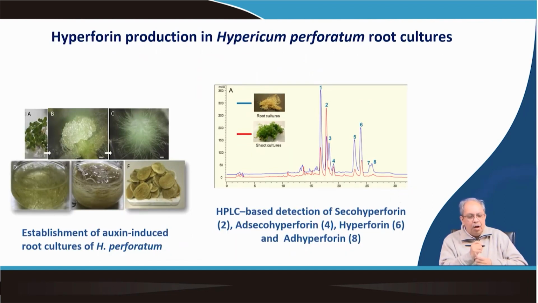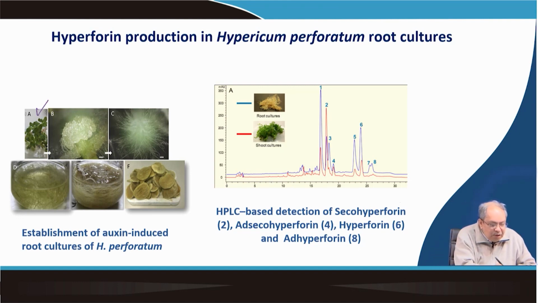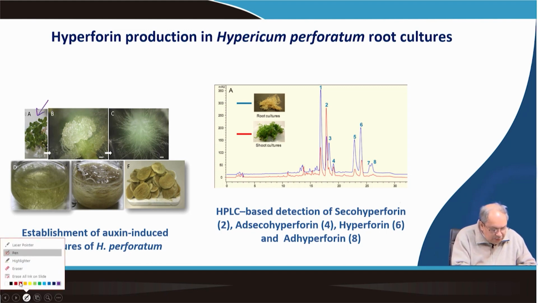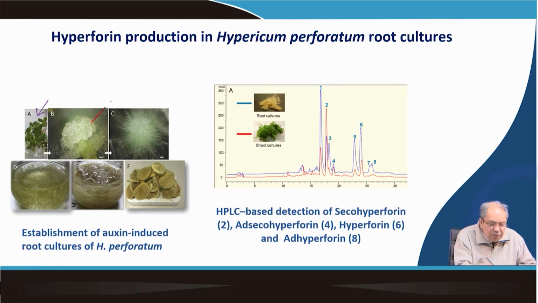Hypericin production was also checked from these root cultures. So, this is the normal plant, and the in vitro grown plant, from callusing and then root formation, then roots started growing, and this is the fully grown roots, and then the dried, freeze-dried roots, like stacked coins.